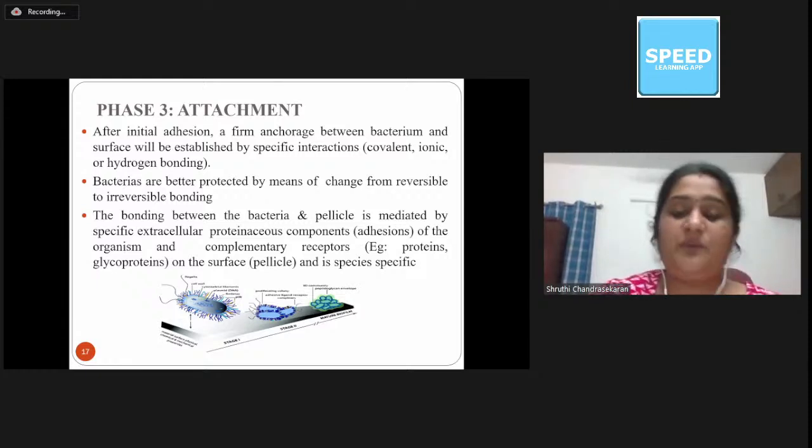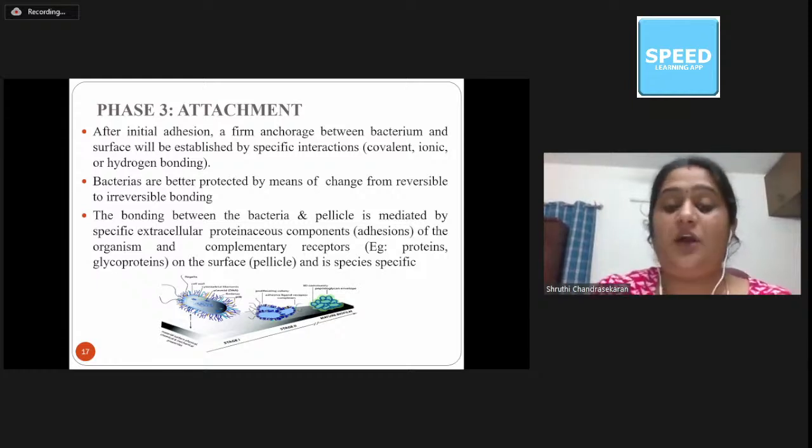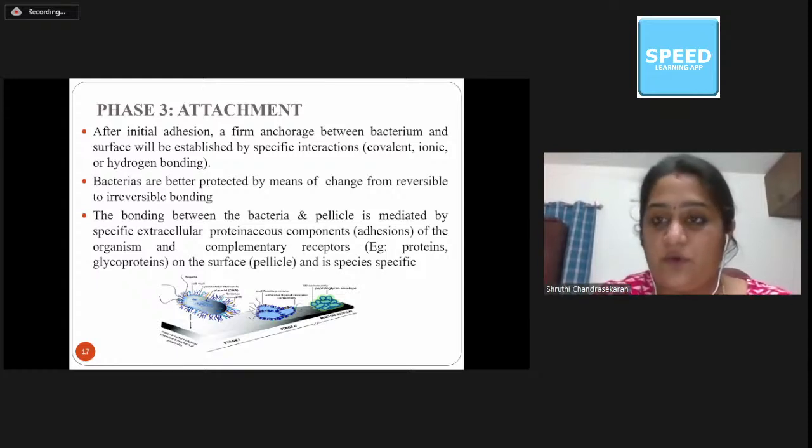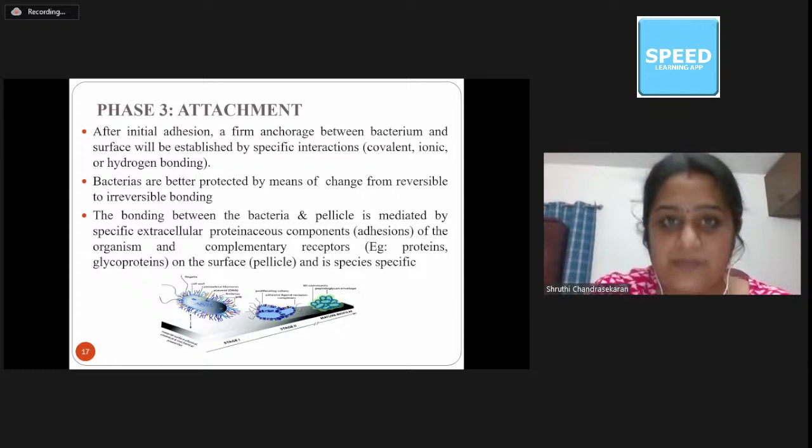So the bonding between the bacteria and the pellicle on the tooth surface is mediated by the extracellular proteinaceous components also. So apart from these forces, the extracellular matrix proteins such as adhesins will also help to form a strong attachment by the presence of receptors present on the tooth surface and the receptors which are present on the organism.